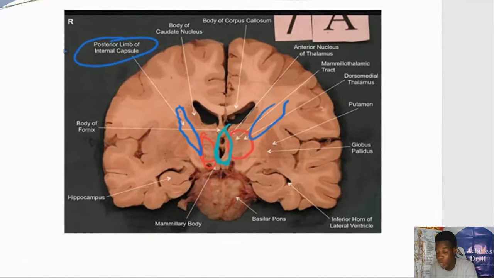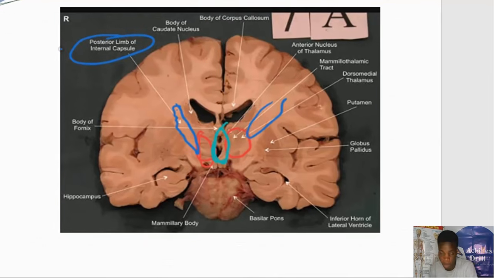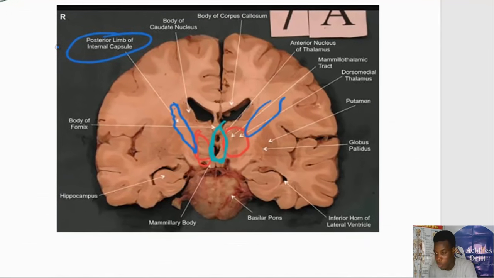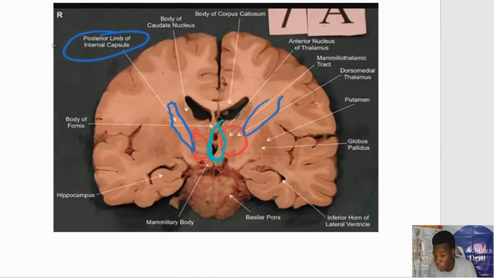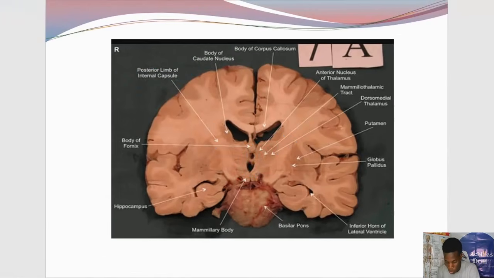Of course some questions will tell you to be specific, but others will just ask what structure this is. In such cases, if you are not sure whether it's the anterior or posterior limb, just write the internal capsule. If you give a specifically wrong answer, then your lecturer will most likely mark it wrong. So understand that sometimes it's best to be vaguely correct than to be specifically wrong.